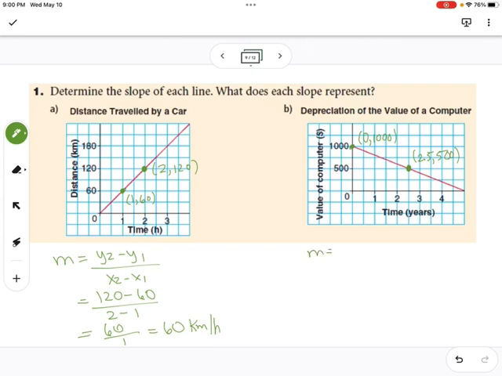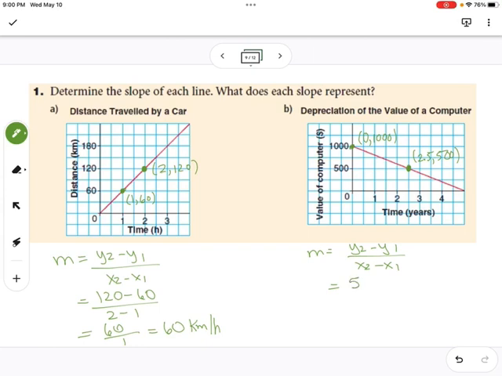Okay, so again, y2 minus y1 over x2 minus x1. The x1, y1 is for that top point, the 0, 1000, and the x2, y2 is for the lower point, 2.5 and 500.